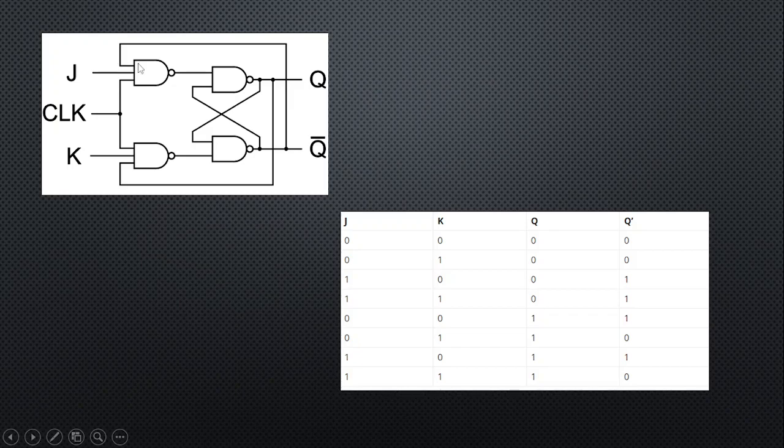So we have here the J and the K, right? And here we have the clock input. As you can see from the truth table, we have here the 1 1 is not a problem anymore since there is a clock running, and the outputs will just toggle here with the next set of inputs, 0 1, 0 1, then with the next cycle of 1 1, as you can observe, the output became toggled, it just switched.